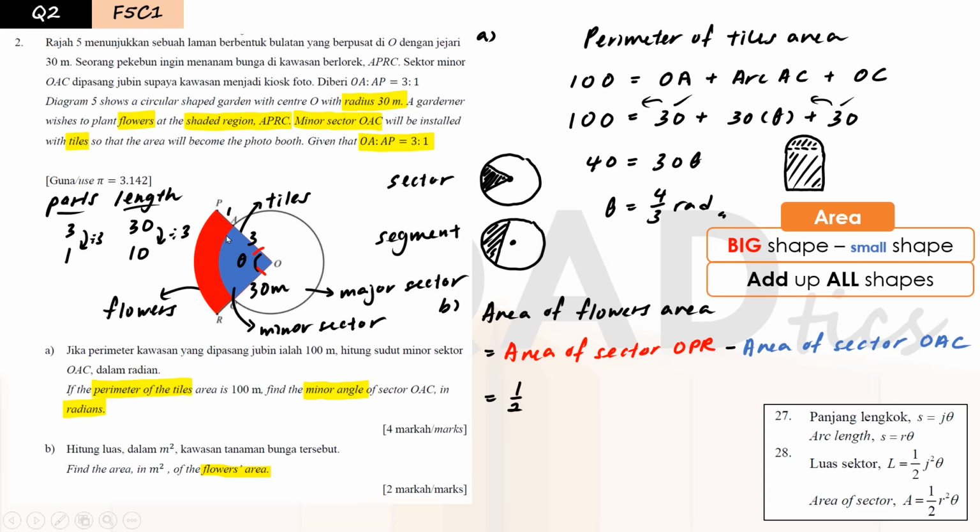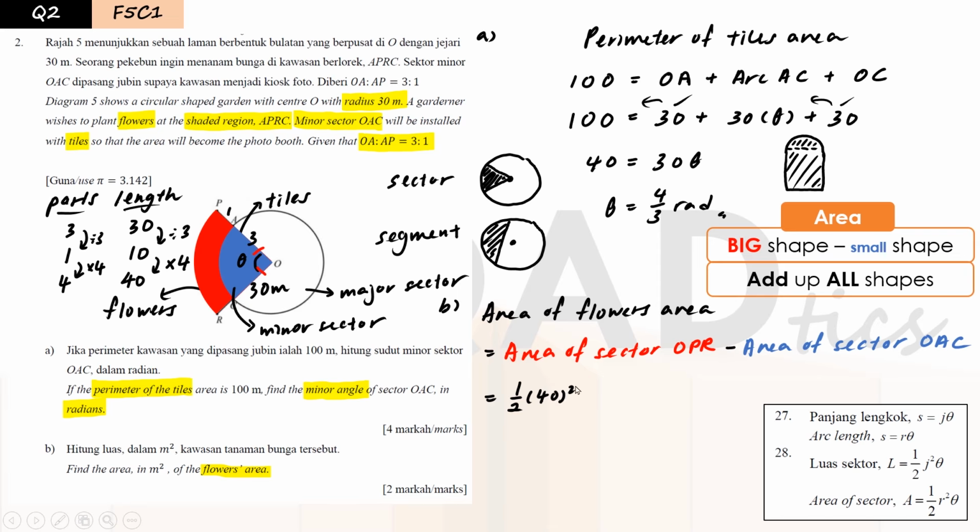For the radius of the sector OPR, which is this line OP, the parts is 3 plus 1, which is 4. So from 1 to 4 we multiply by 4, so here we also multiply 4: 10 multiplied by 4 is 40. So the radius of the sector OPR is 40.